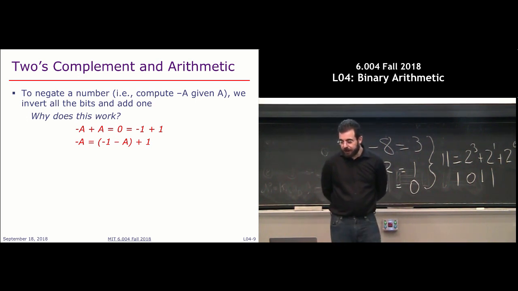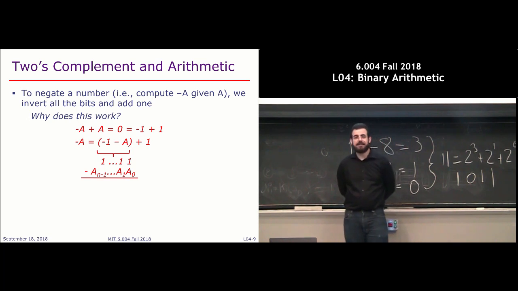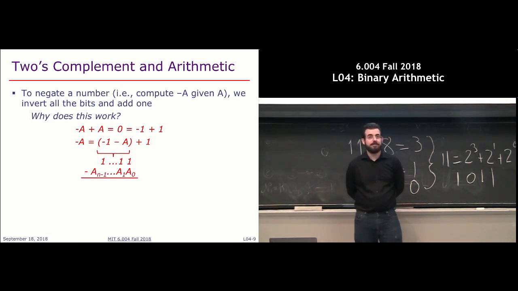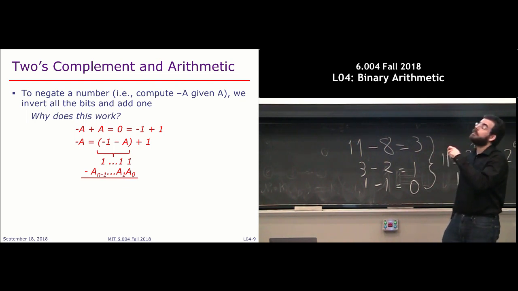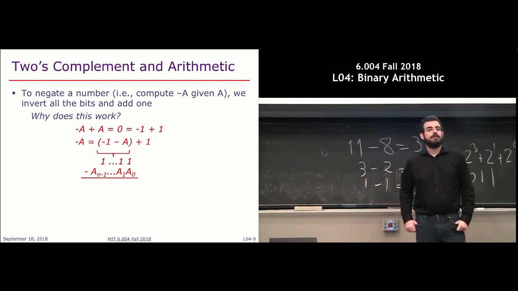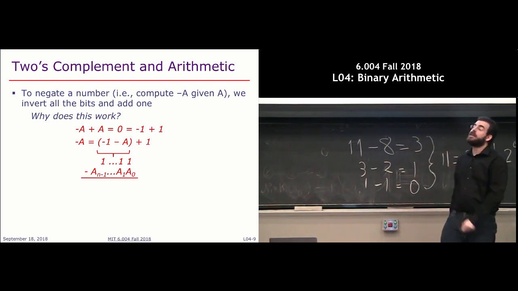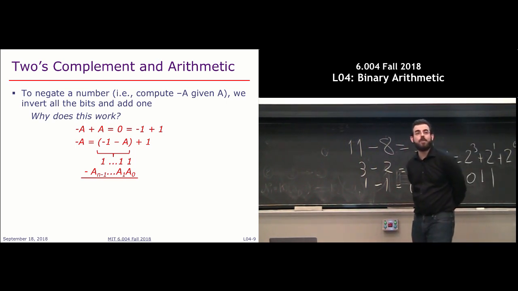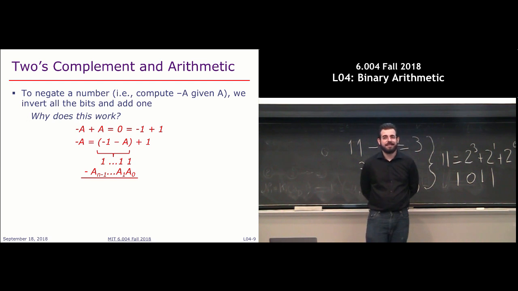OK, so let's take a look at minus 1 minus a. Minus 1 minus a is the all ones bit string, and then the bits of a. And so what do you get? 1 minus a0: if a0 is 1, you get 1 minus 1, which is 0.